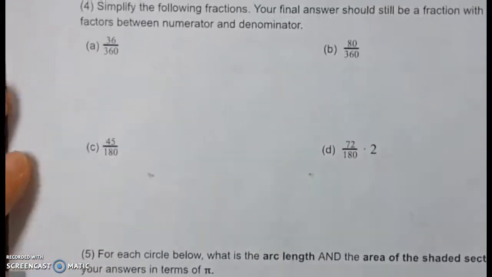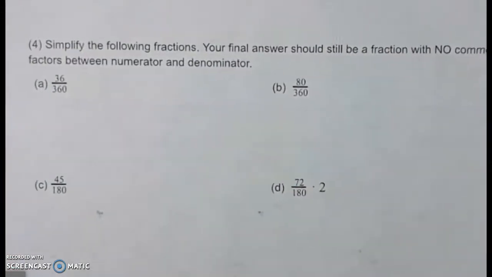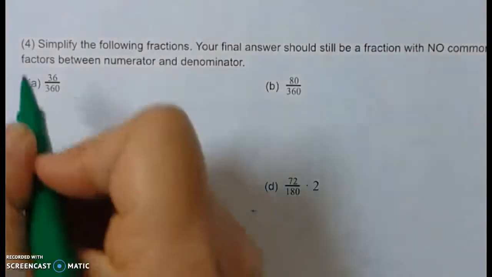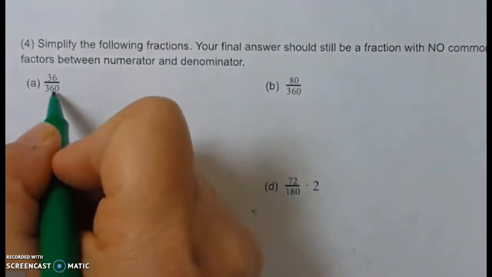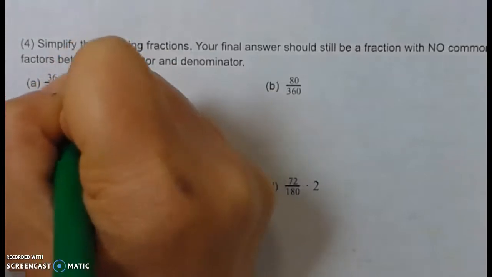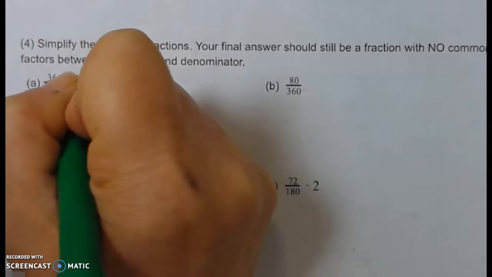Okay, moving on. Simplify the following fraction. Your final answer should be a fraction with no common factors between the numerator and the denominator. Okay, so what can I divide top and bottom by? Whatever I do to the top, I need to do to the bottom when I'm simplifying. I can divide both top and bottom by 36.